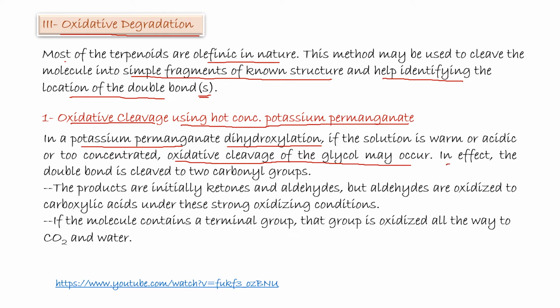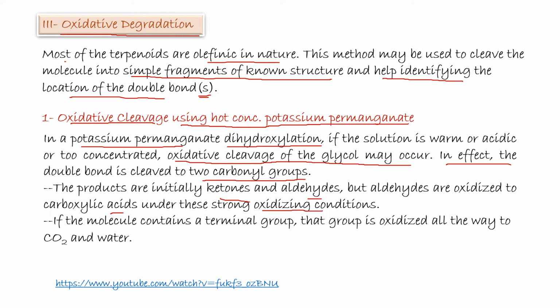In effect, the double bond is cleaved into 2 carbonyl groups. The product may be initially ketones and aldehydes, but aldehydes are oxidized to carboxylic acids under the strong oxidizing conditions.